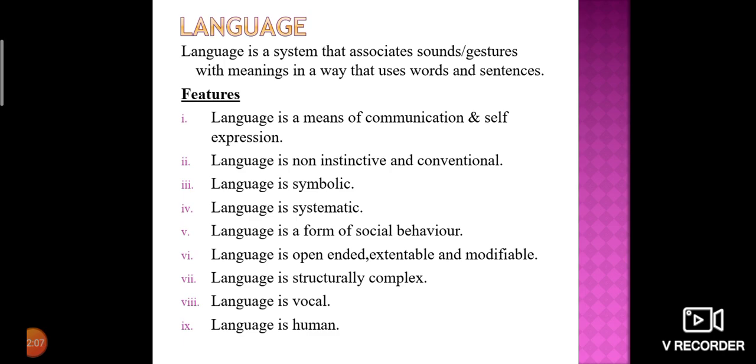We know that we certainly use sentences, words, etc. If we use a sentence, it certainly follows a system. That means if you say any sentence, it probably has a subject part, verb part, and also an object part. So, you have to give a sentence which is systematically arranged.